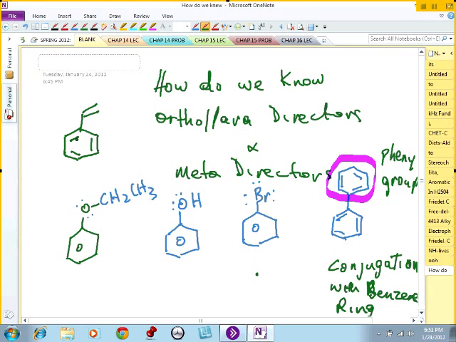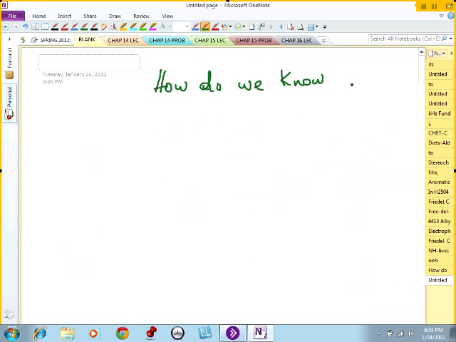So anything else will be a meta director except for the alkyl groups.